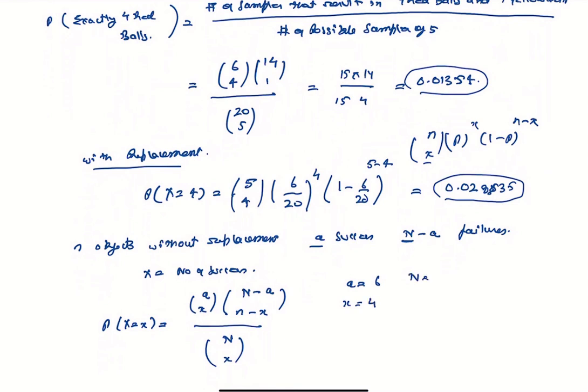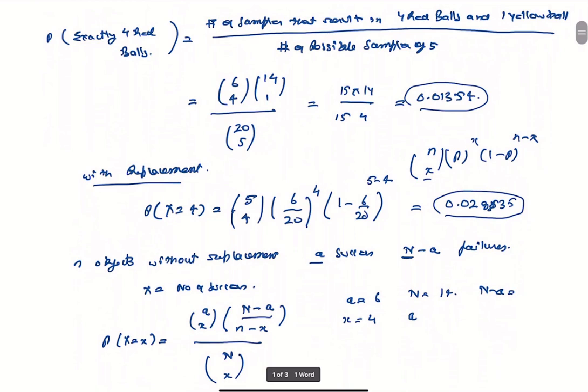Big N is the total number of objects, which is 20, and N minus a is 14, the failures. Then n minus x is the number of objects we are picking, which is 5, minus 4 successes, so that is 1.